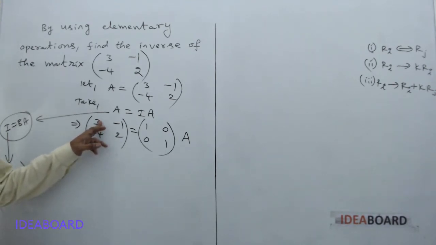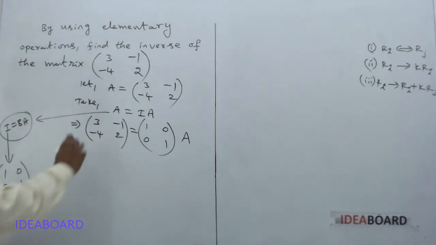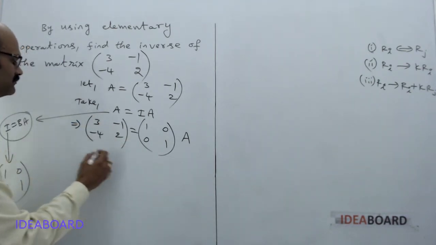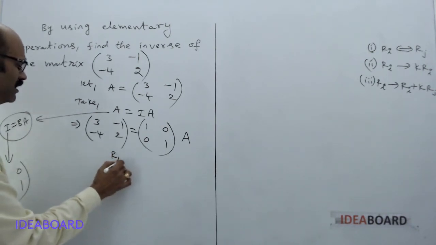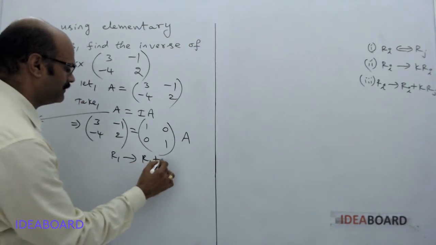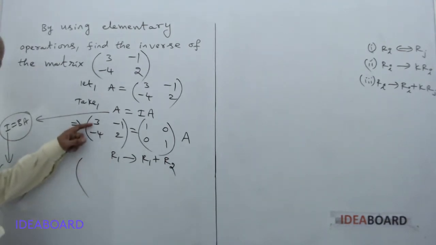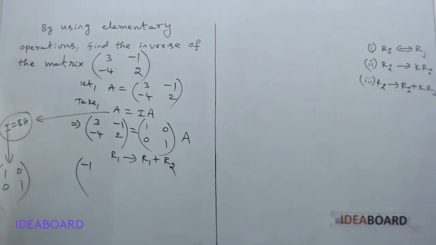So to get 1 in this place, what we have to do is take R1 implies R1 plus R2, so that it becomes 3 minus 4 equal to minus 1.